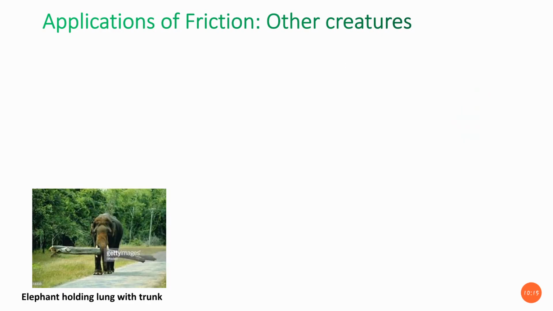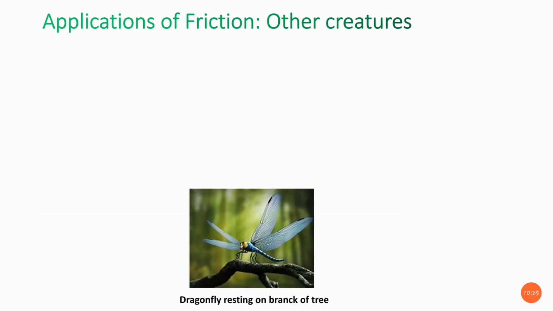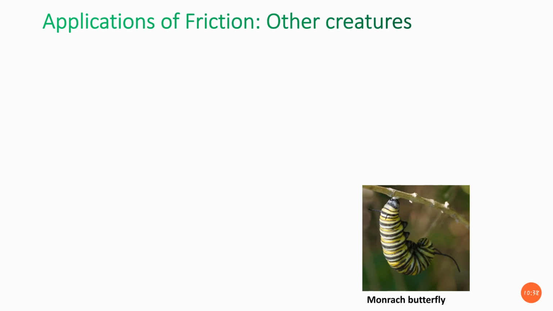And here is another example. The elephant is holding a log with its trunk. There must be a proper grip between the trunk and the log of that tree. Here we can see a dragonfly resting on a branch of a tree. In this case, there must be a proper grip there. One more is the butterfly over here.